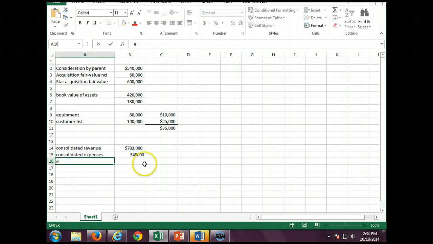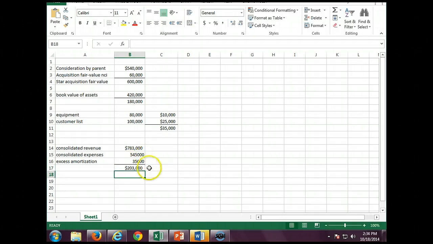And then what's our excess amortization? 35. So don't we need, in order to come up with our consolidated net income, take our revenues minus our expenses minus our excess amortization? Right?